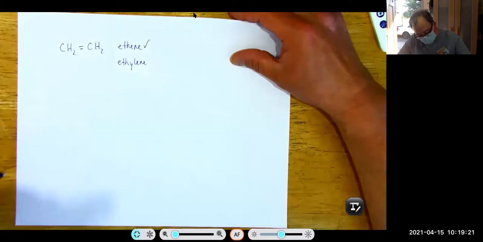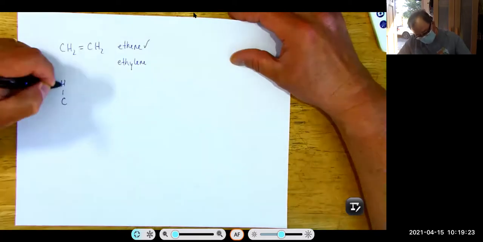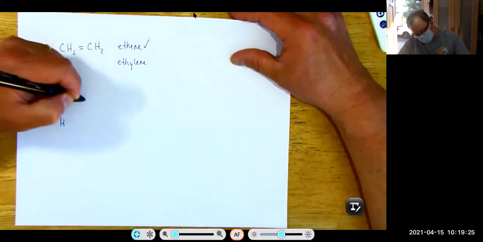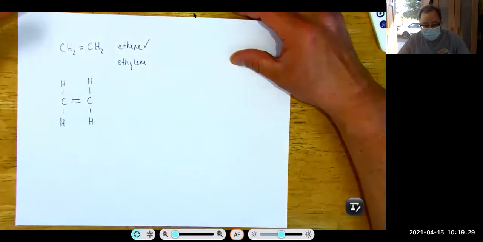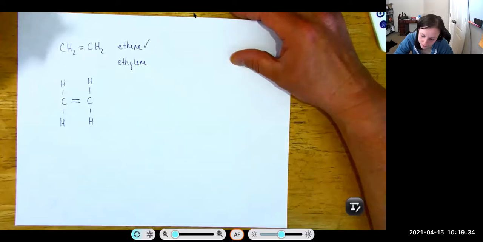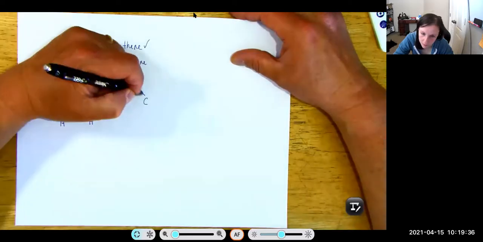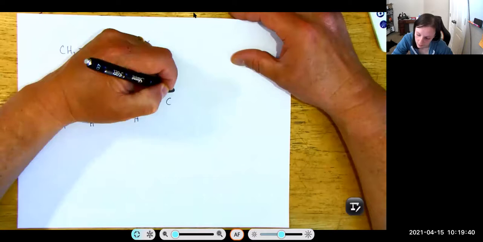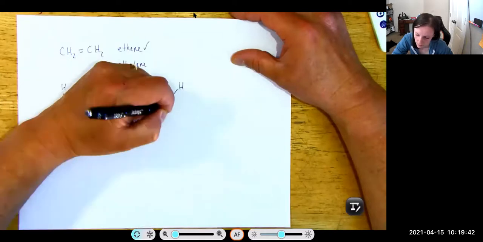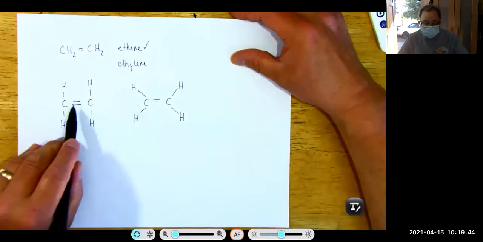And the Lewis structure looks like this. We could use VSEPR and figure out the molecular geometry. If we use VSEPR, we would get this, because each of these has 3 pairs, which means trigonal planar.